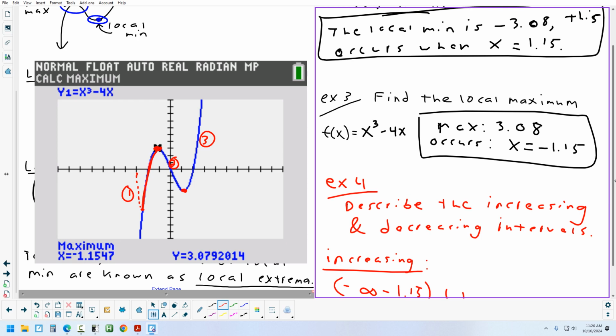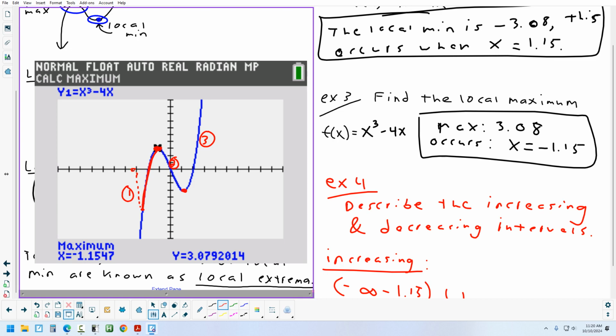Negative 3.08 would mean you could plug in a number like over here. That would put you in section 1. 0 would put you in section 2. 1.15. That's the lowest x value you can plug in and still stay to the right of that dotted line.